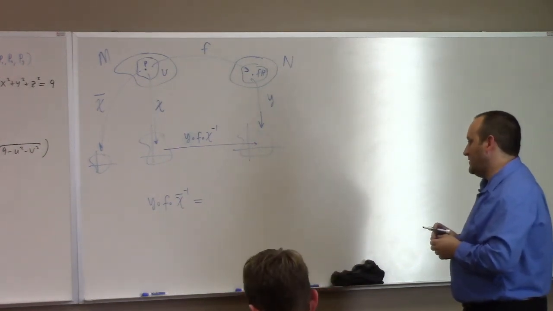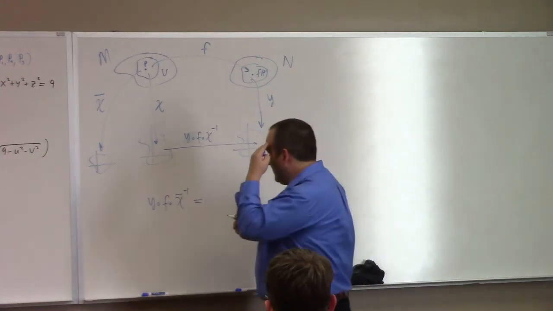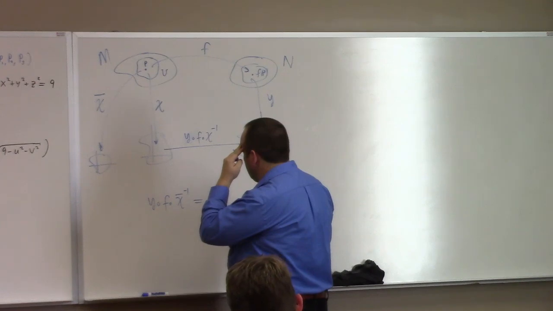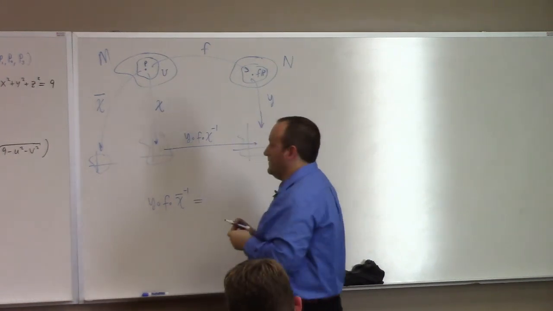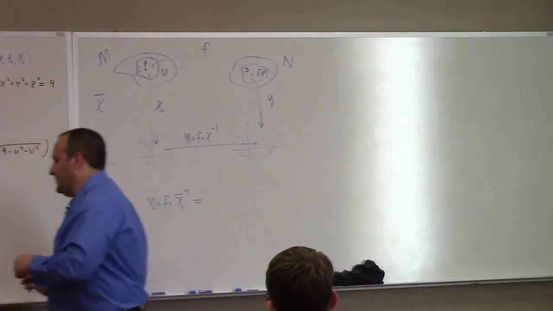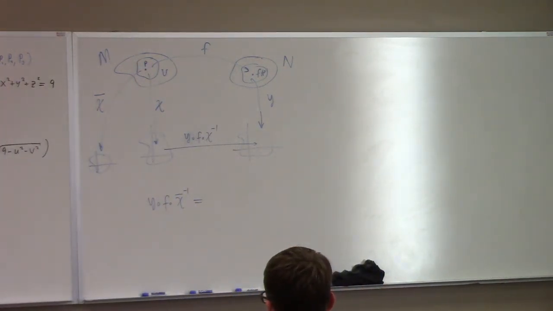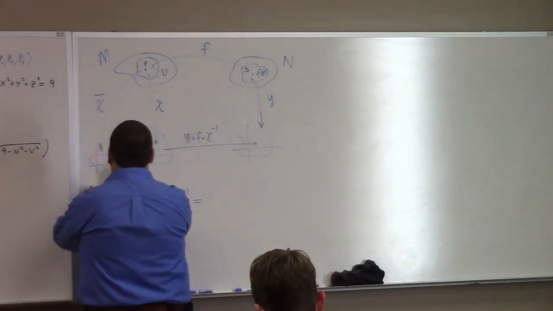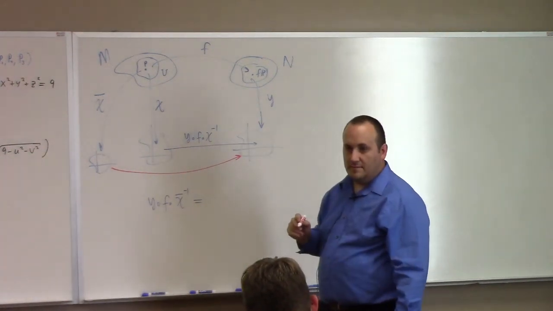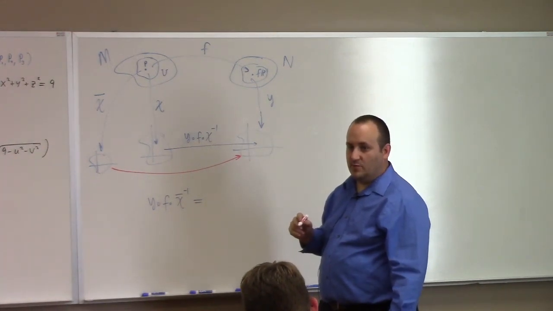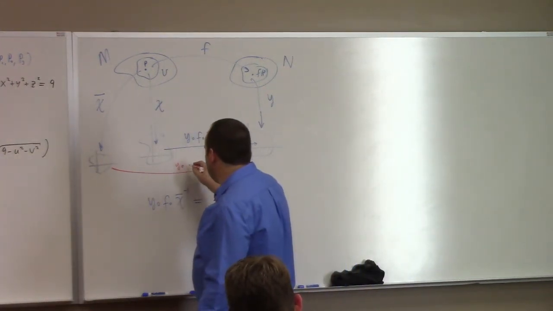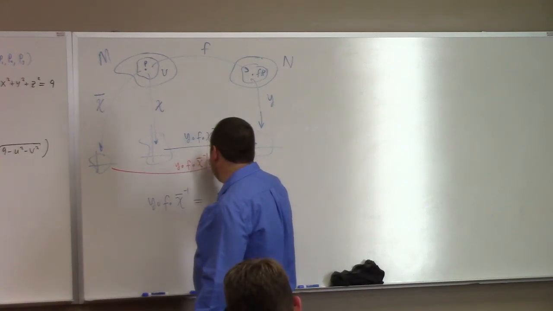Maybe. I think probably. Let me try to do what you're saying with a picture. The question is, how can I know this is smooth? This is Y composed with F composed with chi bar inverse.